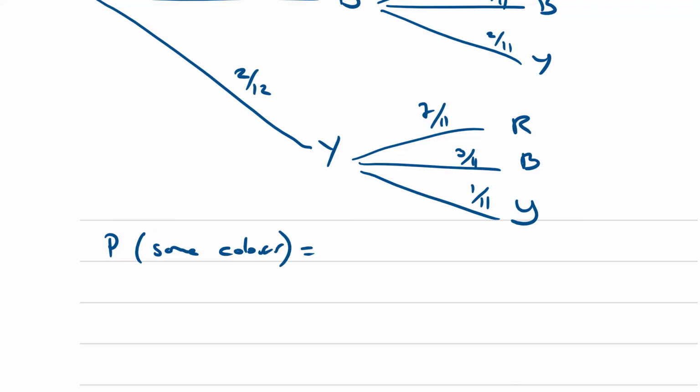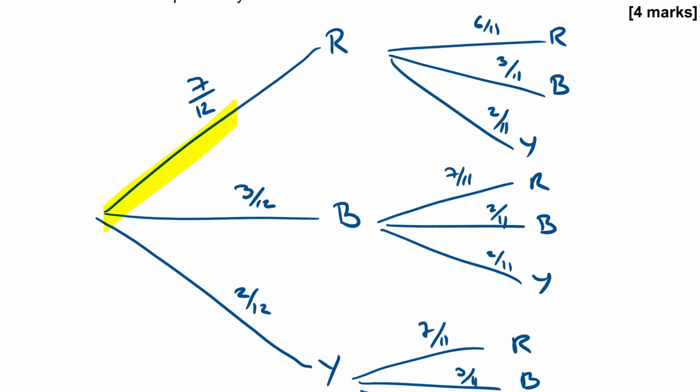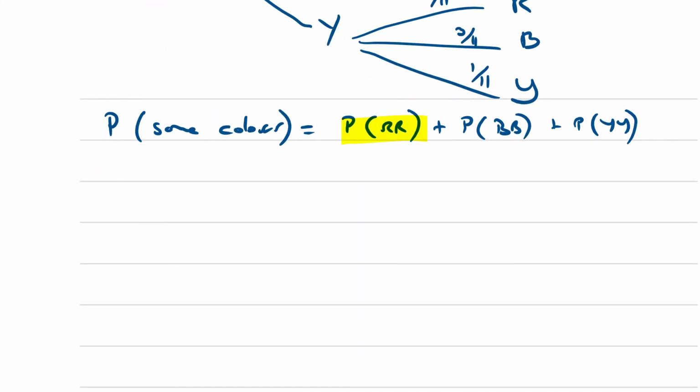That's equal to the probability of red red plus the probability of blue blue plus the probability of yellow yellow. Now let's take the first one, probability of red red, that's a red selection followed by a red selection, so that's 7/12 times 6/11.